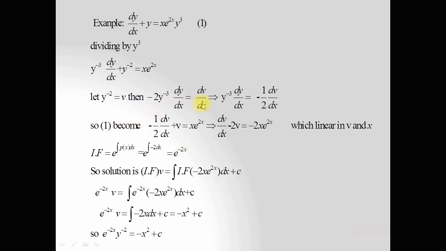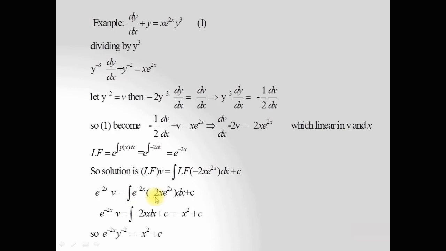Now find the solution of this new differential equation, which is: integrating factor multiplied by the dependent variable is equal to the integration of the product of the integrating factor and the q function. In this equation, on the right-hand side we have minus 2x e power 2x. This is the q function.